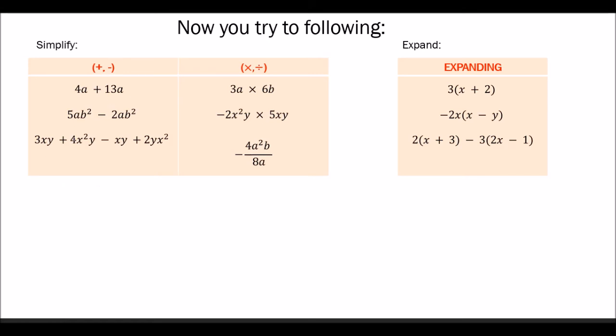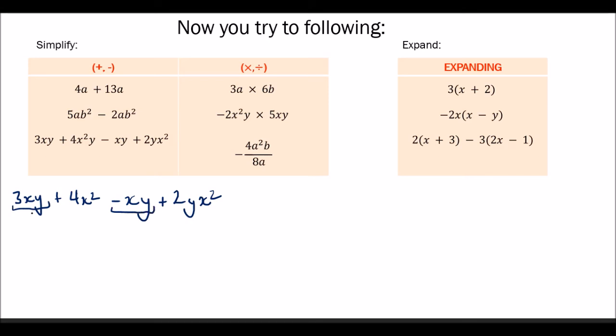And the third one here, 3xy plus 4x squared y, take away xy, plus 2yx squared. So that's a big one, isn't it? All right, so let's do that one. Put the like terms together. So xy goes with this xy.